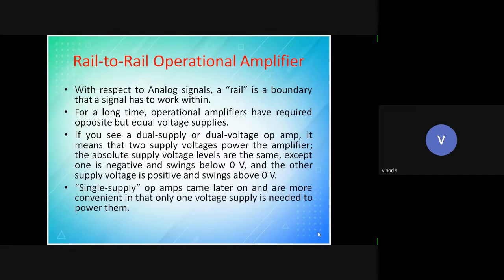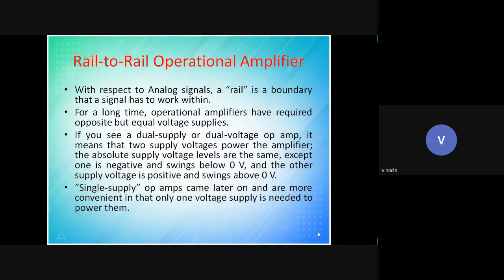For plus VCC you need a power supply, and for minus VCC you need a separate supply. So the power supply unit becomes heavier. In some applications like aerospace, I cannot provide such two different power supplies. In that case, I will go for an instrumentation amplifier which has inbuilt rail to rail operation.